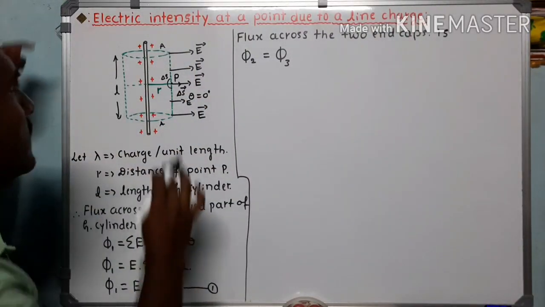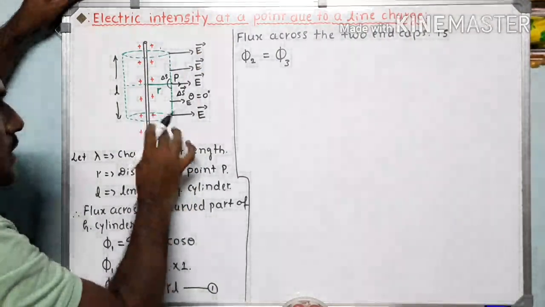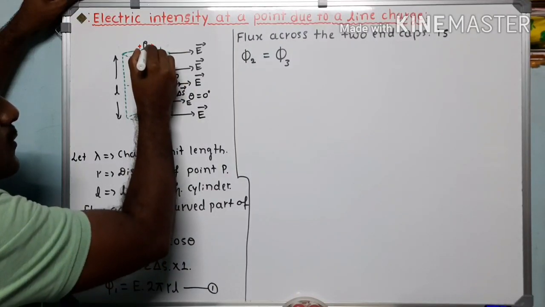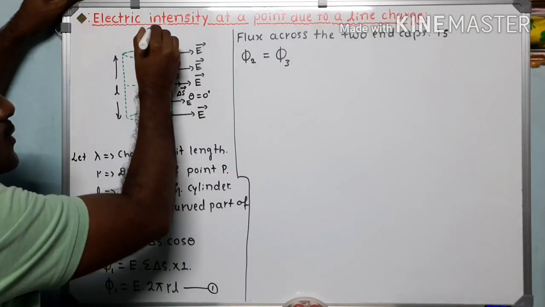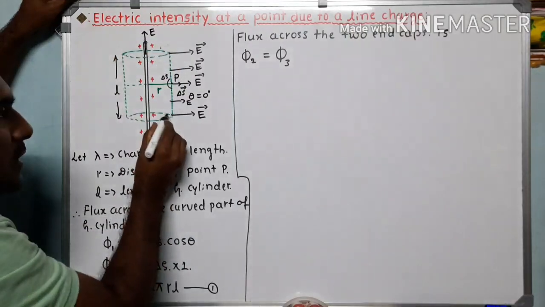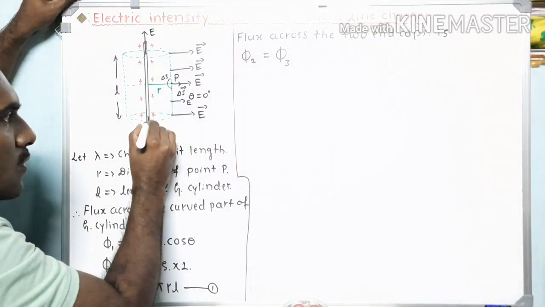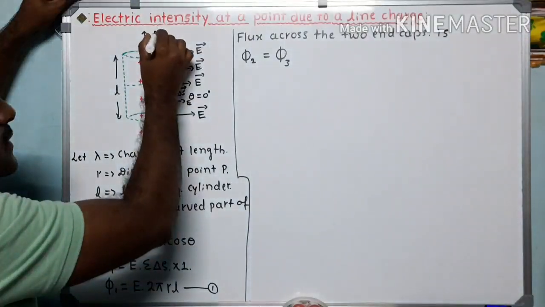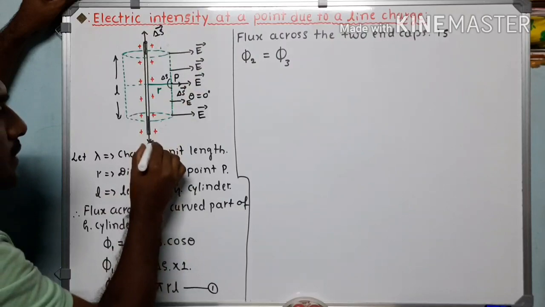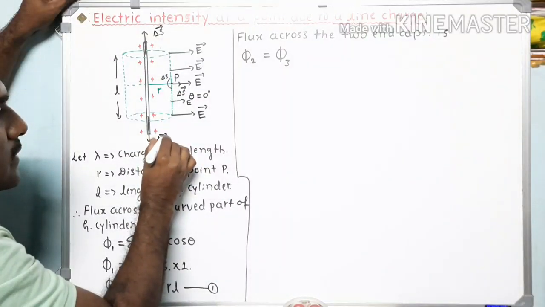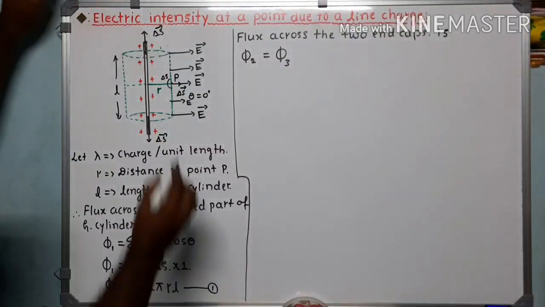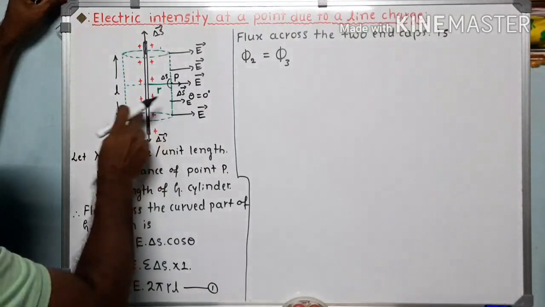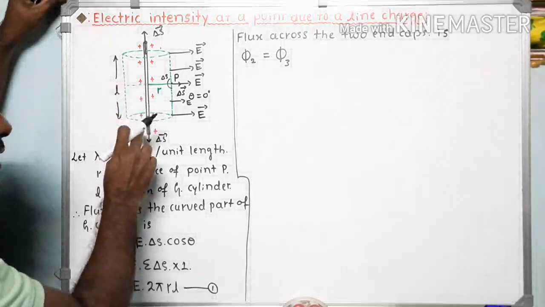Isn't it? Then see here. For this cross section, the area vector is always normal to this surface. The area vector is also normal to the surface, that is here delta S vector, here also delta S vector. See, for the upper end cap the area vector is normal to the surface, for the lower end cap the area vector is normal to the surface.